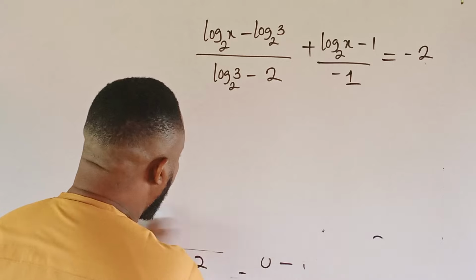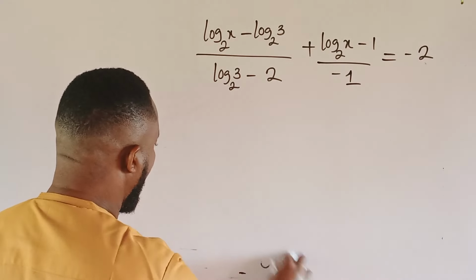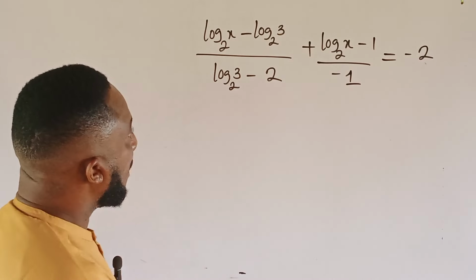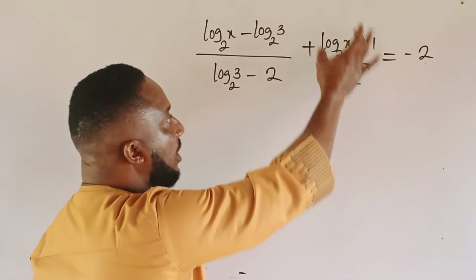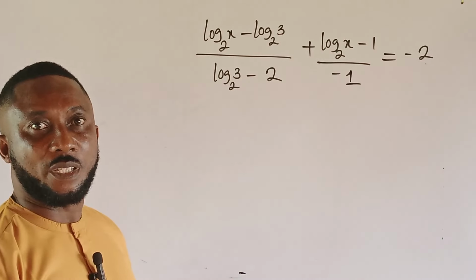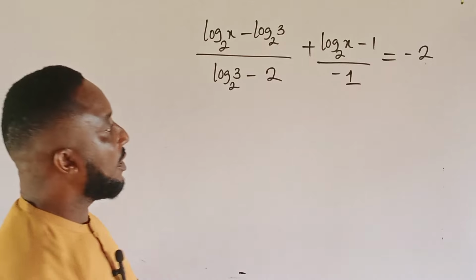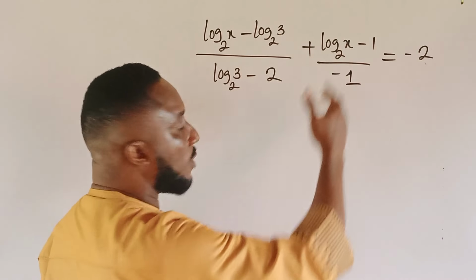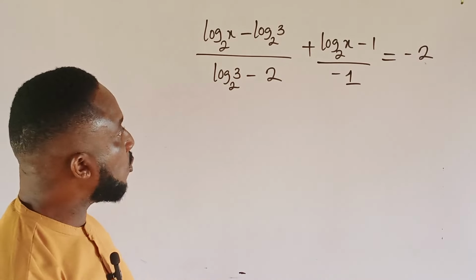So with this, we shall simplify further. If I use negative 1 to divide log to base 2 of x, that becomes negative log to base 2 of x. If I use negative 1 to divide negative 1, I will have just 1.